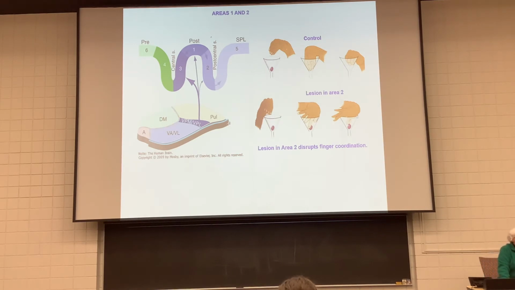Now what if they lesion area 2? He can move, his motor cortex is fine, so we're not messing that up. But now when he goes in, he doesn't have the information anymore from all of his fingers. So it'd be like me trying to pick up this battery with one finger. It's not going to work.